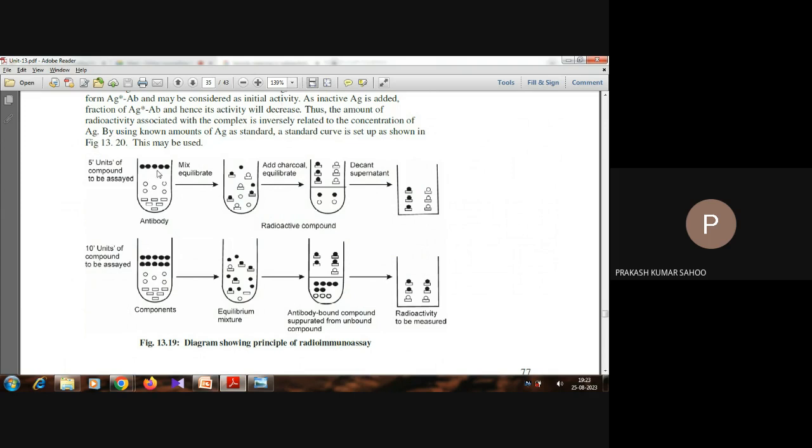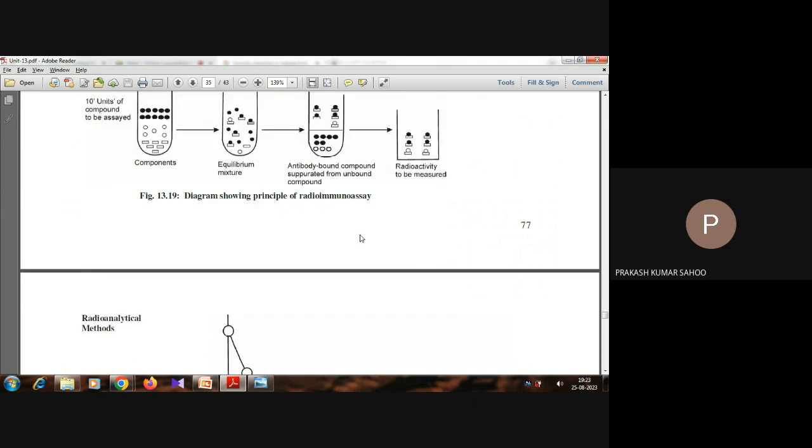So these antigens settle on these antibodies, and we have the separation. With charcoal, we equilibrate and will have the separation like this. Decant the supernatant liquid. That means this is the separation. These are medical procedures, known as the clinical approach.